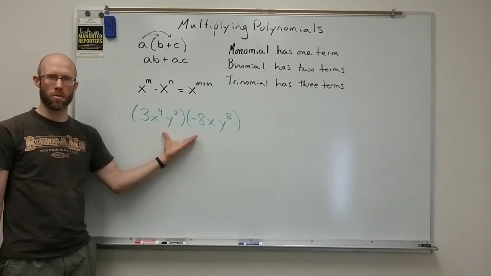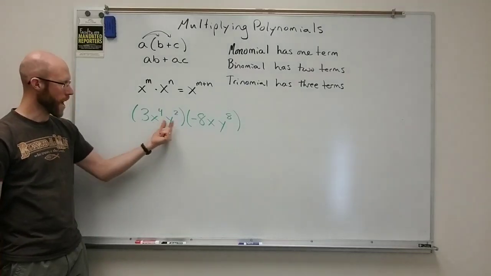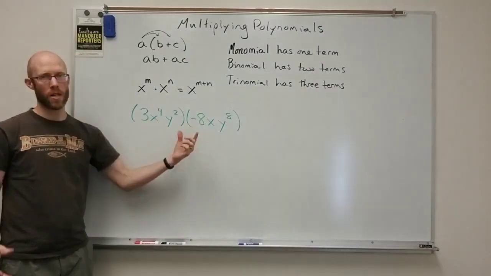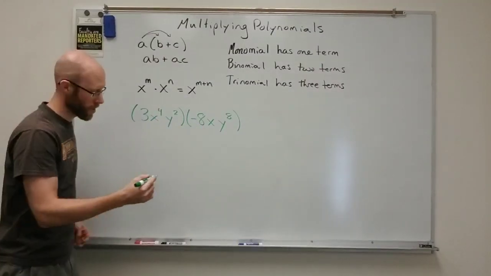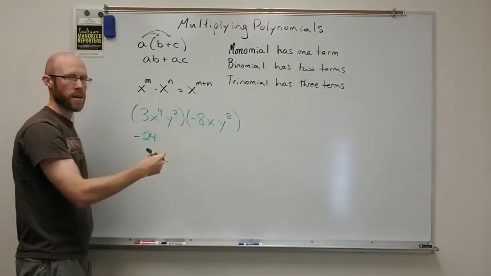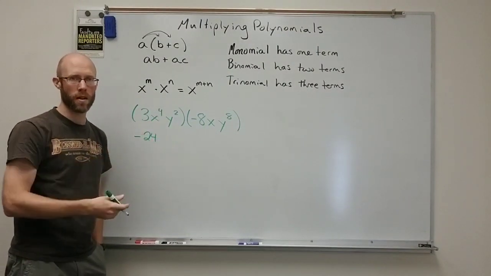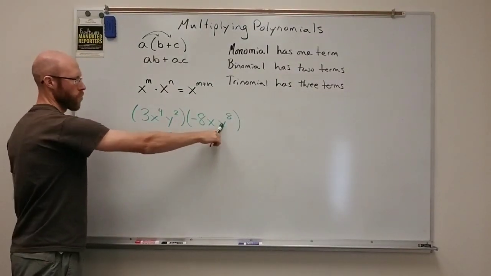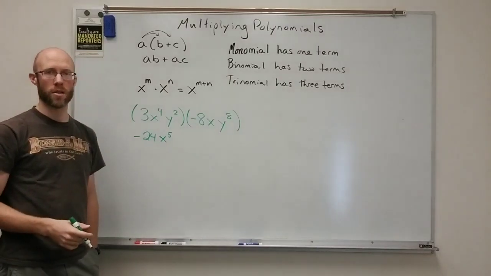You're just adding the powers when you multiply these together, and then the 3 and the negative 8 just multiply like you normally would. So you have negative 24, and then x to the fourth and x, you add the powers of 4 and 1, get x to the fifth. And then y squared and y to the eighth, again, you add the powers together, you get y to the 10th.